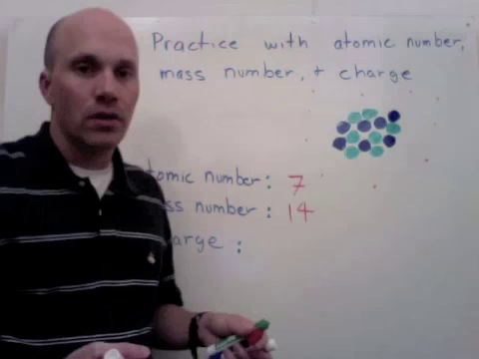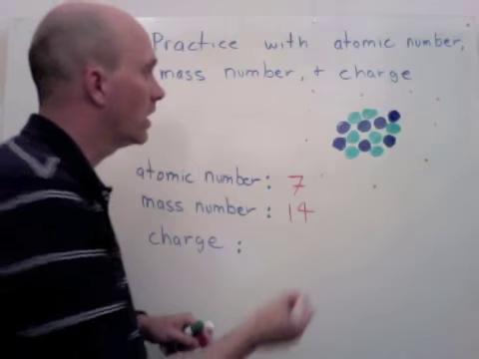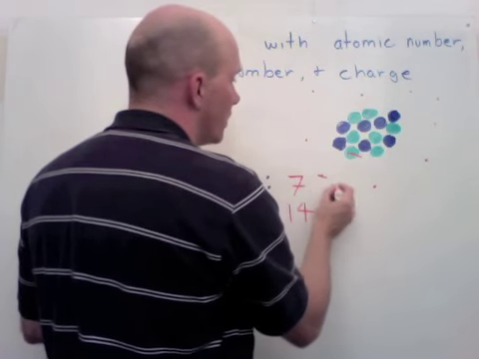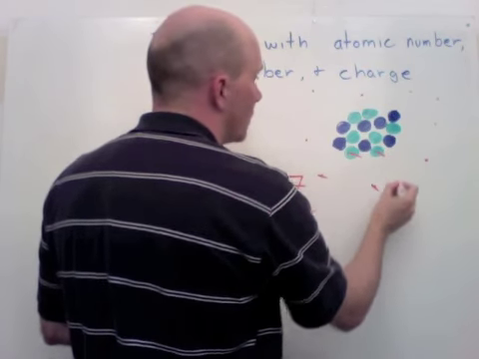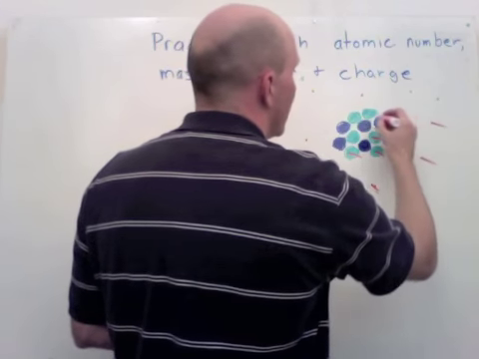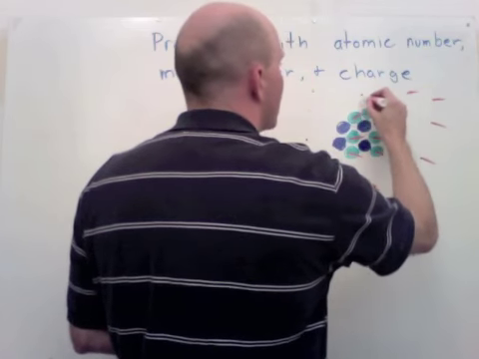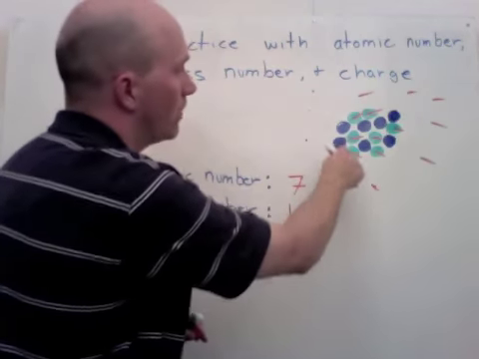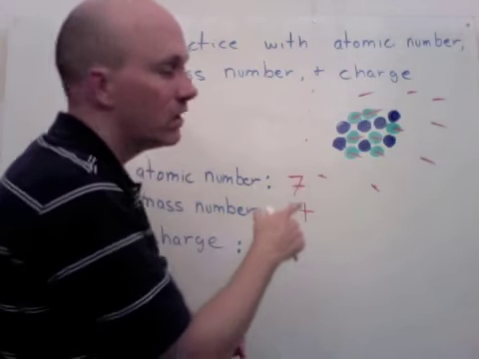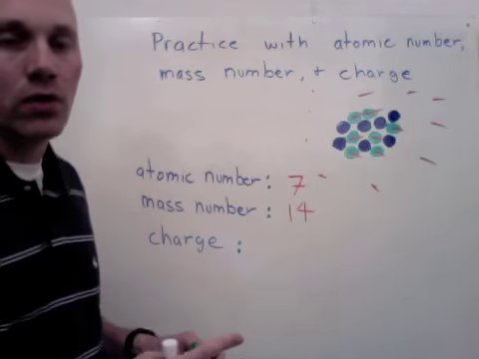The charge, you've got to figure out which there's more of, protons or electrons. Okay? So this cancels out with this, and so on, and we've crossed out all the protons here. We've got 1, 2, 3 electrons that weren't crossed off.